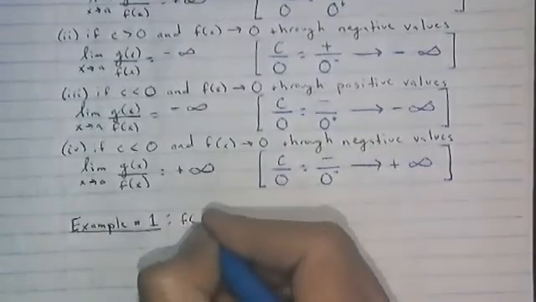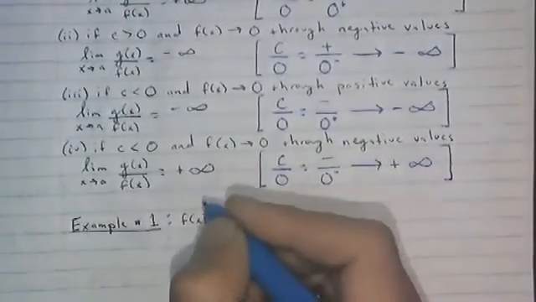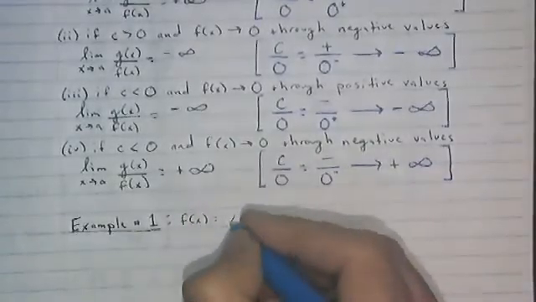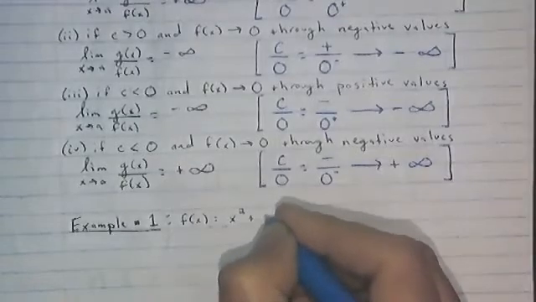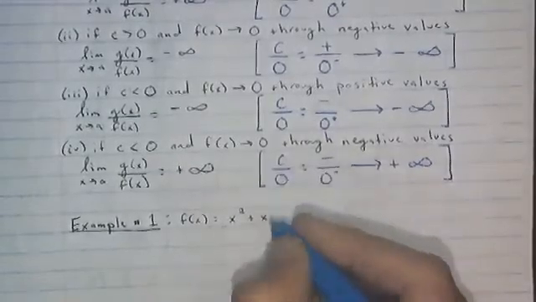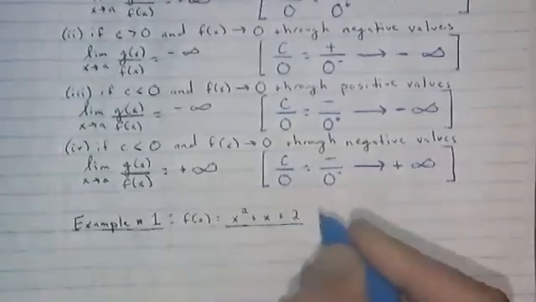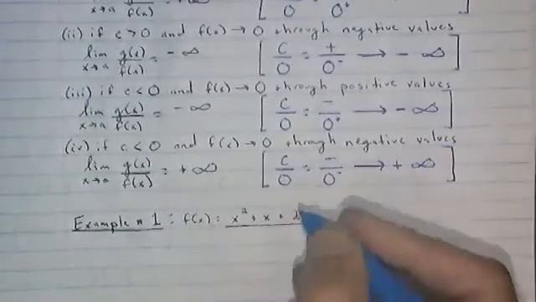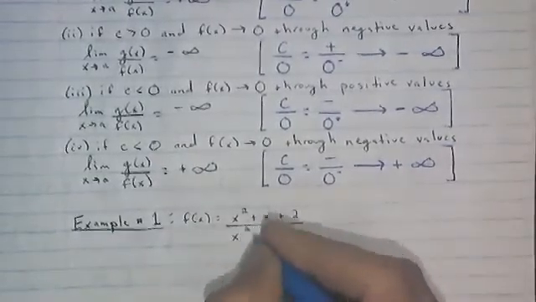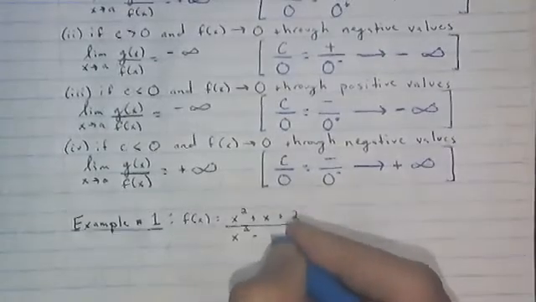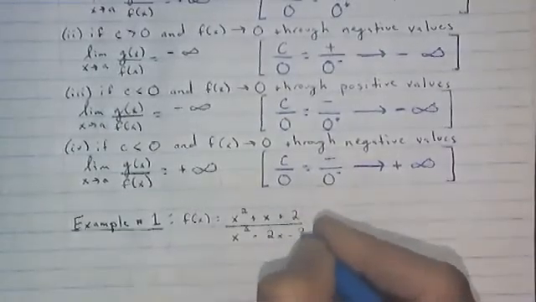Is f of x equal to x squared plus x plus 2, divided by x squared minus 2x minus 3.